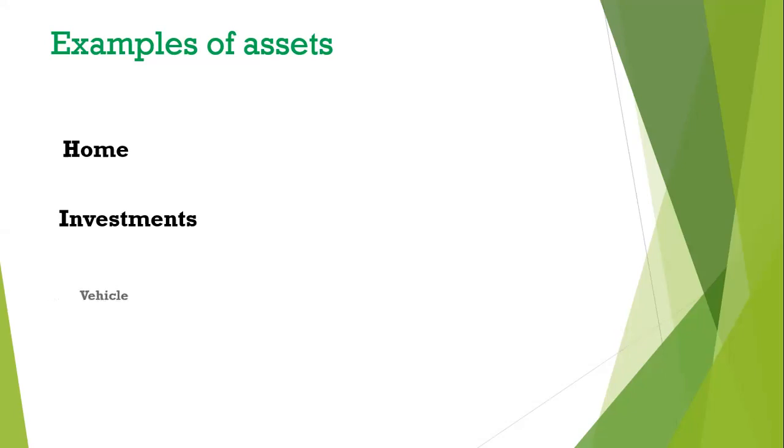Examples of assets are things like home, investments, vehicles, fine jewelry, art. There are many of them that we consider as assets. You take the value of those items and record them, and you know that this is your asset.